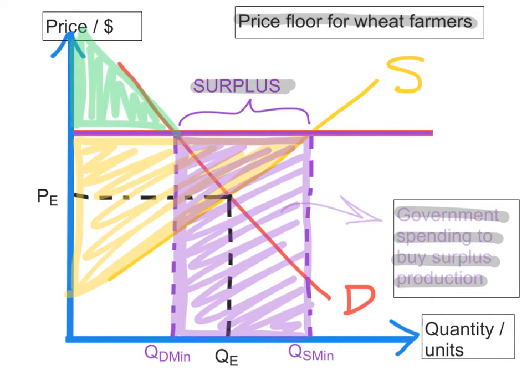There's actually no demand for it. It's artificial. The government goes in and buys this surplus. So this can be quite wasteful. And what's the point of farming all of this wheat if there isn't actually demand? So the price floor sets an artificially high price that doesn't truly reflect what the market needs.